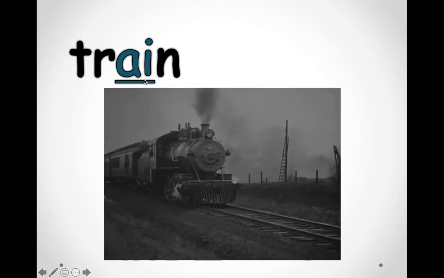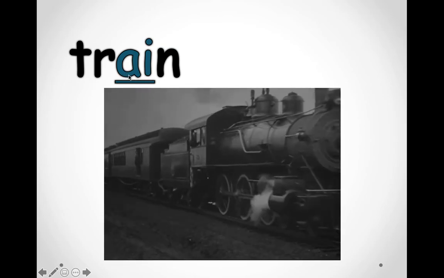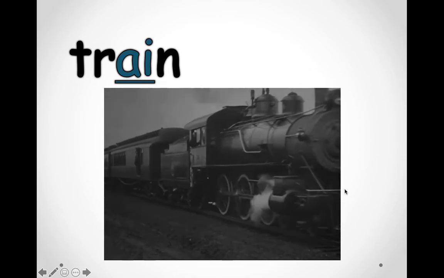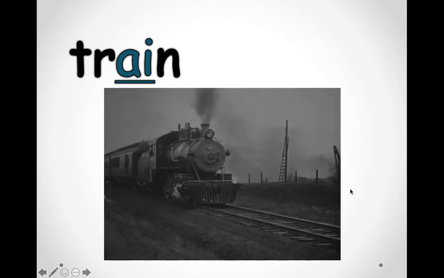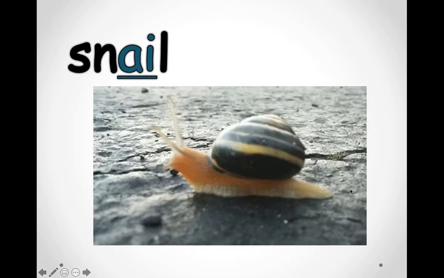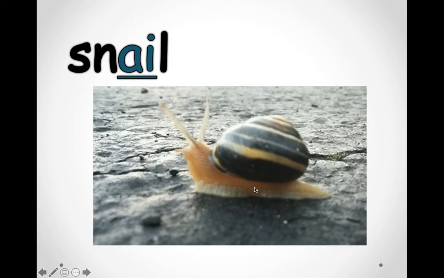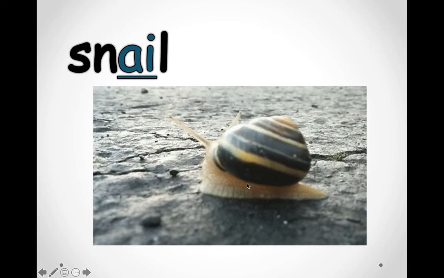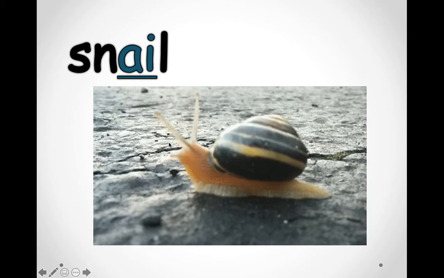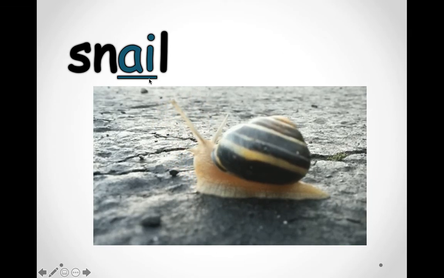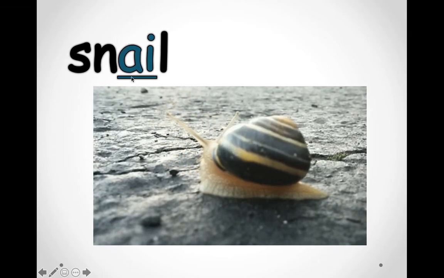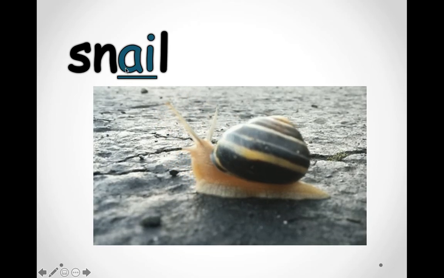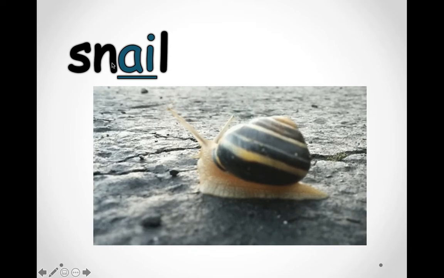Train. And remember, it makes an A sound. Look at the train moving. How cool! And the next word, what is this? A snail. Amazing. Now the A-I sound is placed in the middle of the word and it makes an A sound. Snail.